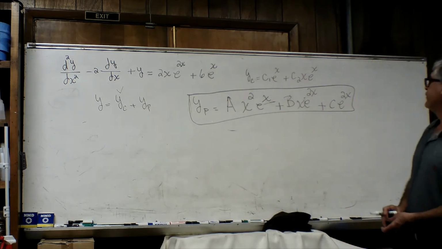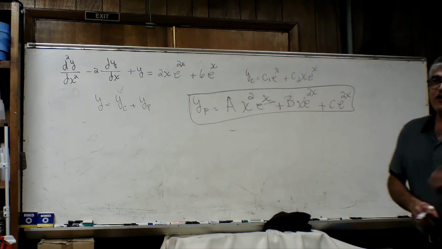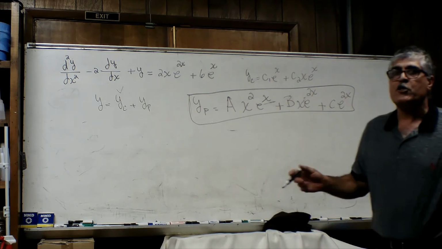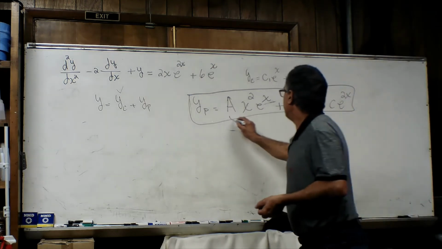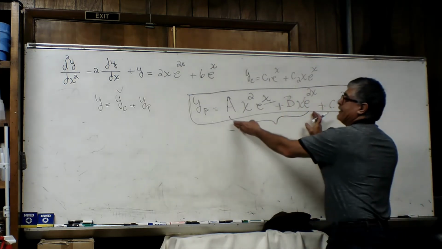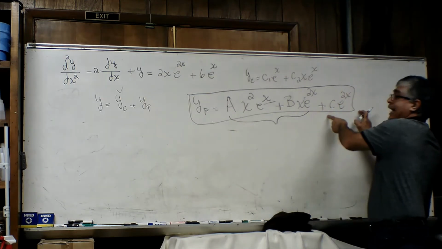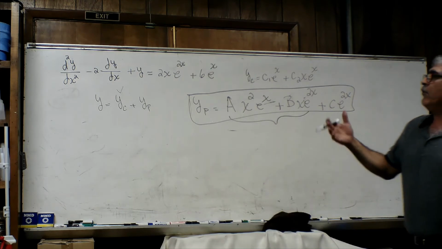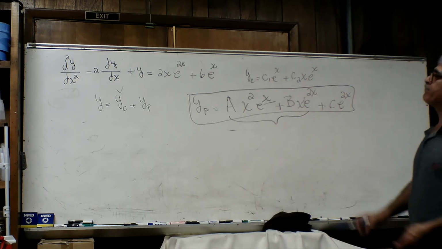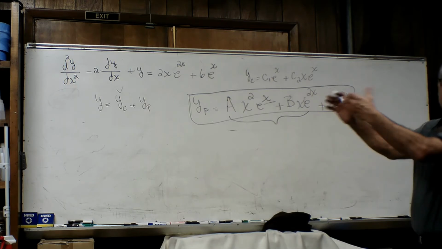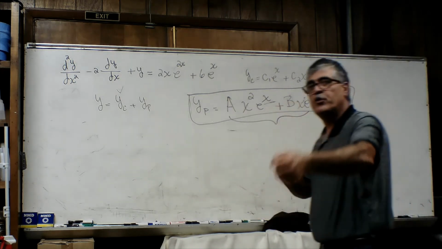And I believe over 95% of the mistakes are students assuming this only and neglecting this part. So the only way to get used to this type of problem is to solve more problems.